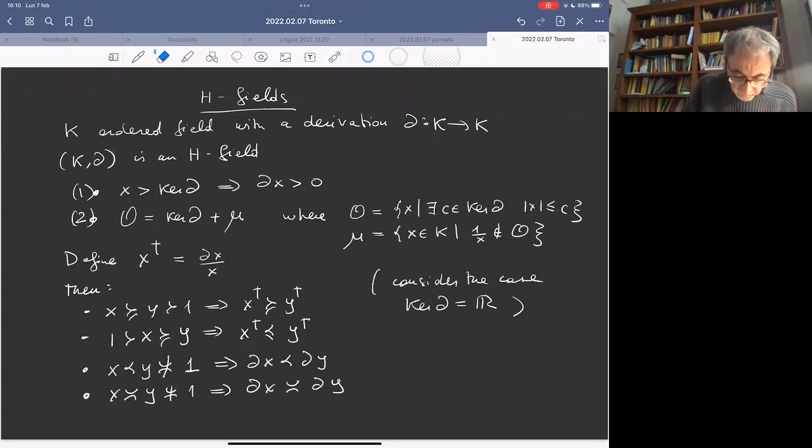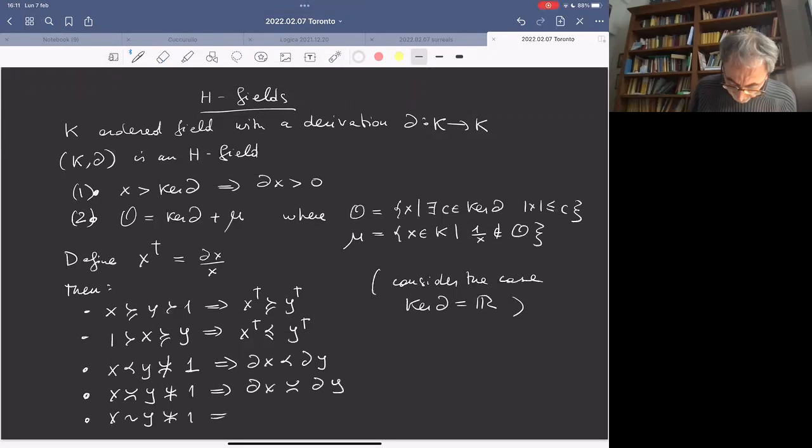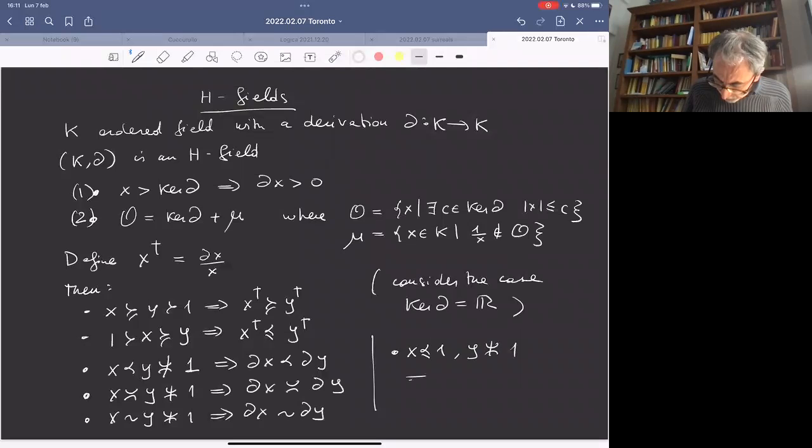Then you have that if x and y are asymptotic, maybe not equivalent to 1, then the derivatives are asymptotic. This is a kind of L'Hopital rule. But then there is the strange one, which Lau already commented on, that the derivative is always smaller than the logarithmic derivative. I mean, in the good cases.